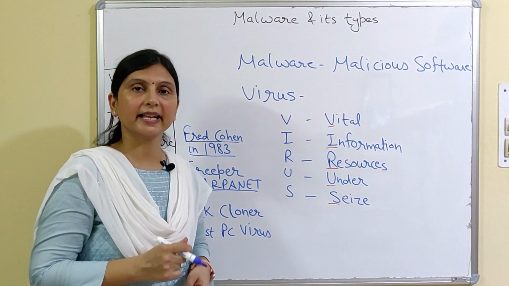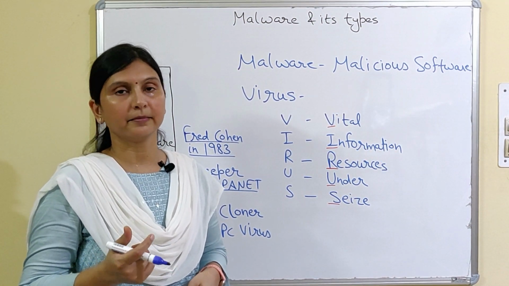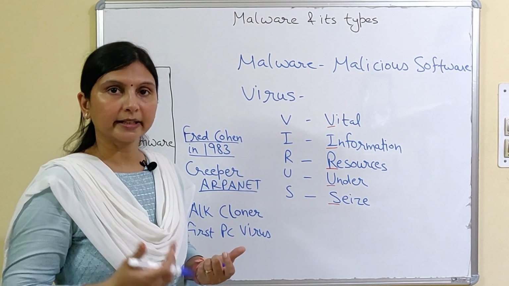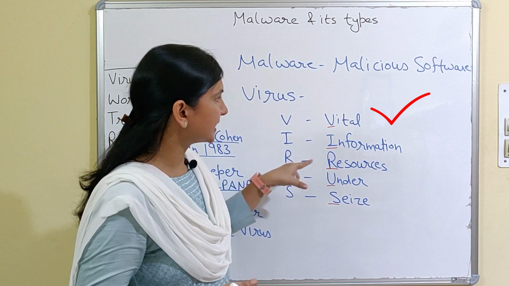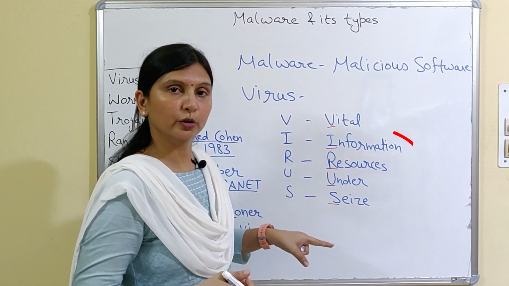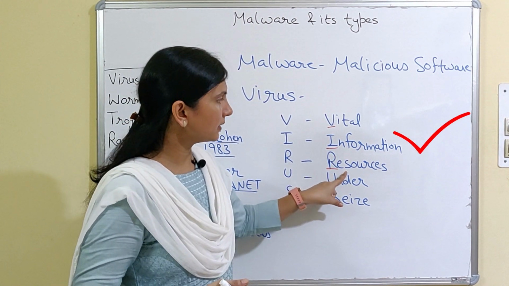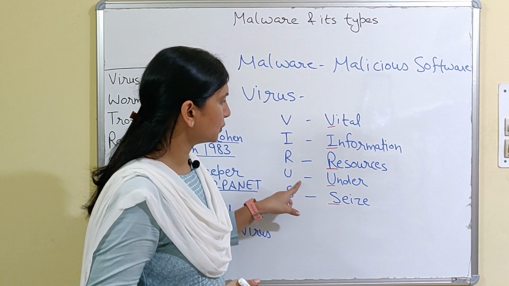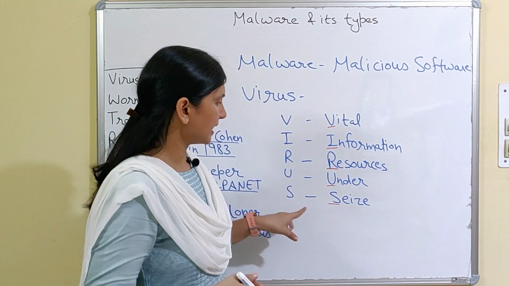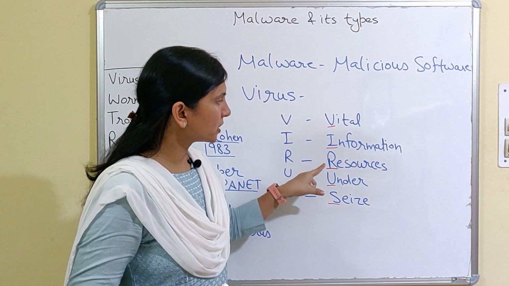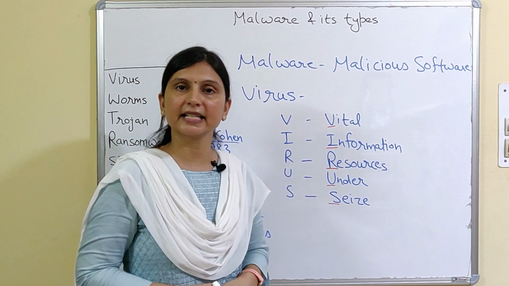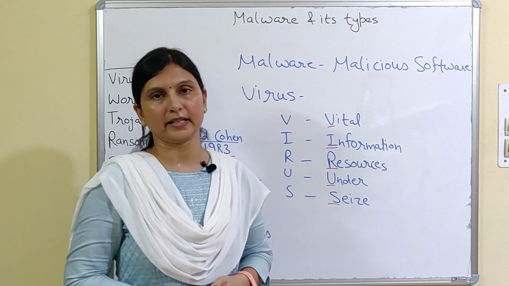According to him, V stands for vital, I stands for information, R for resources, U for under, and S for C's. So vital information resources under C's is the full form of virus.